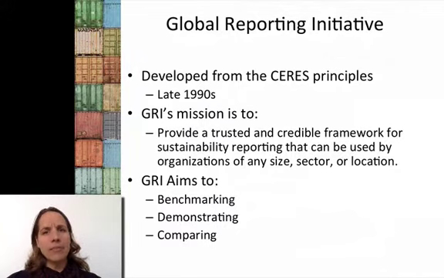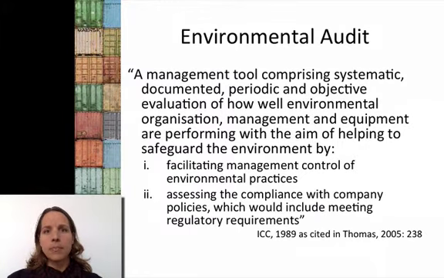And another aim of the GRI is really to ensure that this framework is applicable to a wide range of organisations. So when I spoke in the last lecture about environmental management systems, it had tended to be those larger organisations. Well, one of the key missions of the GRI is to ensure that this framework fits across any size, sector or location in these organisations.